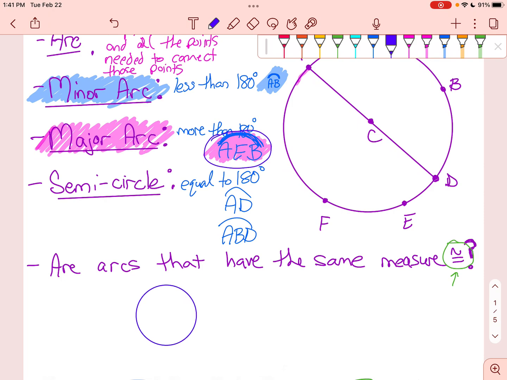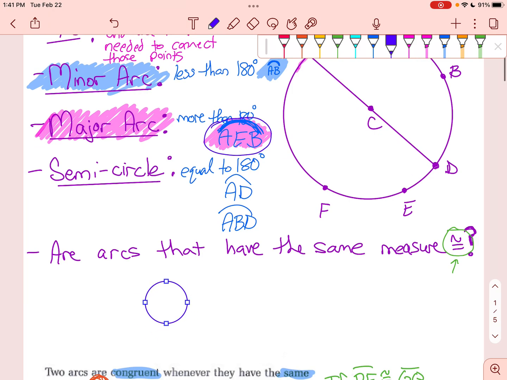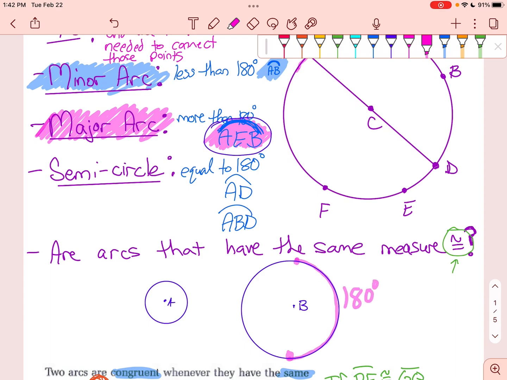If I was to draw 2 different circles, let's say that's circle 1. I'm going to give them letters like I should, right? We'll do circle A and circle B. What I'm going to do is draw a semicircle. I'm going to draw this arc right here, and this arc is 180 degrees. I went halfway around the circle.